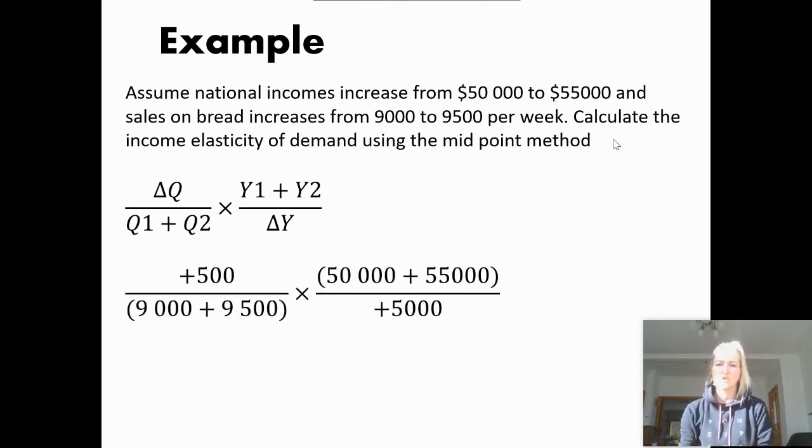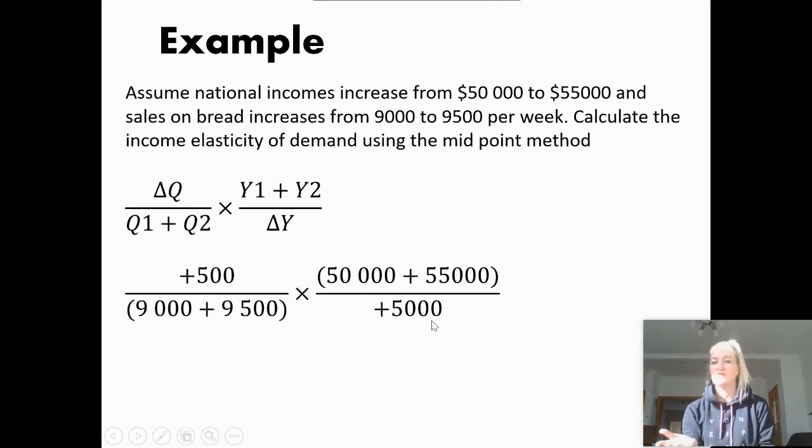So the change in the quantity, well, the bread went up from 9,000 to 9,500, so a change in our quantity is 500 on top, and it's positive because it's increased, divided by our original sales of 9,000 plus our new sales of 9,500, times our original income, which was 50,000, plus the new income, which is 55,000, divided by the change in the income.